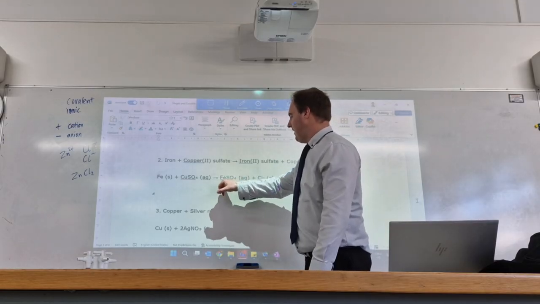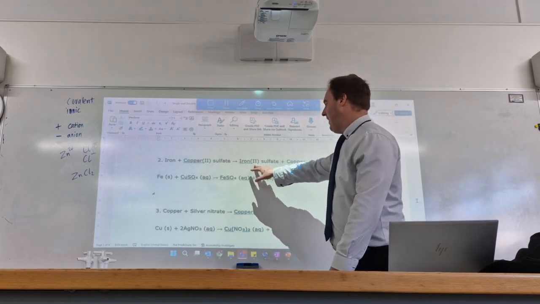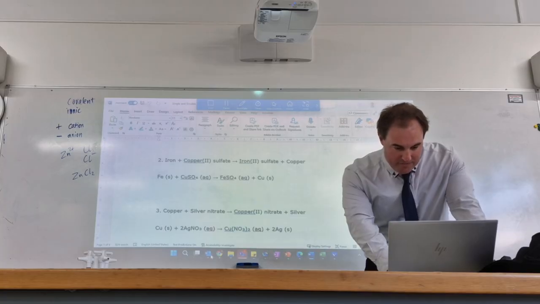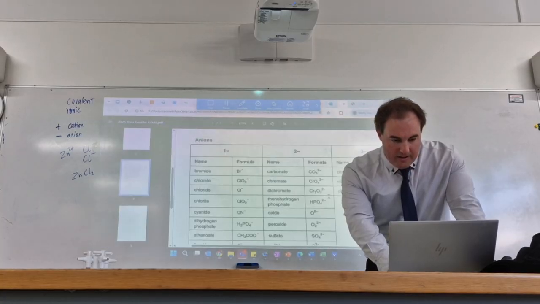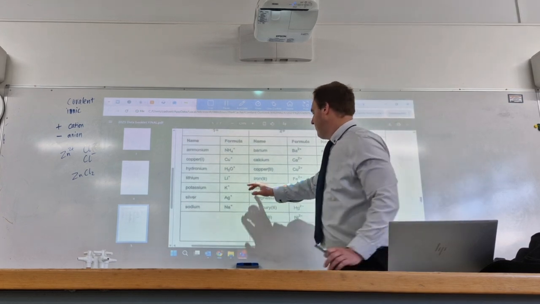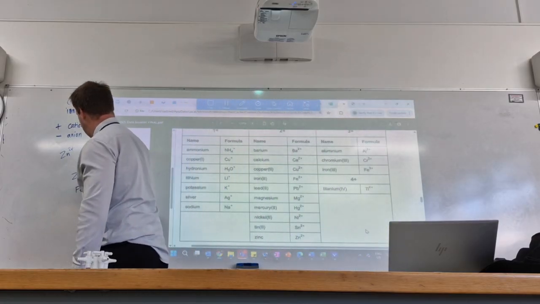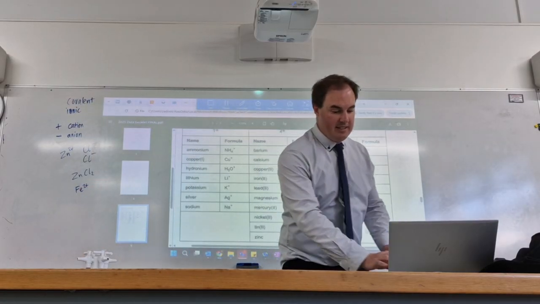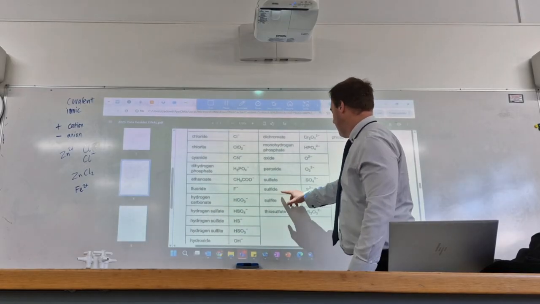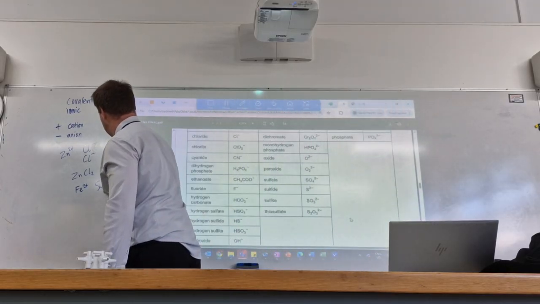How do we know it's just FeSO4? It's because here, they've been very specific and given you iron(II) sulfate. So if we go back to that table, the cations, iron(II) has a charge of Fe2+, and sulfate in our anions table has a charge of 2-, SO4 2-.